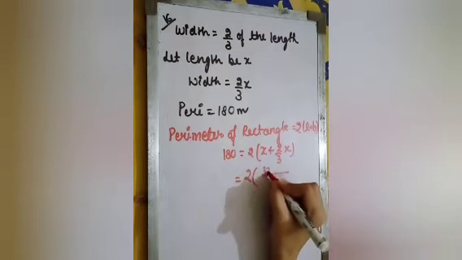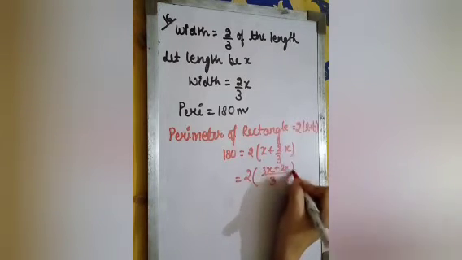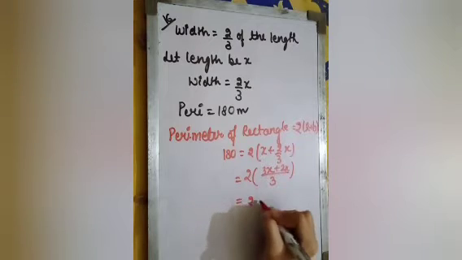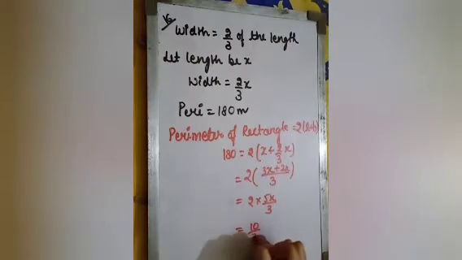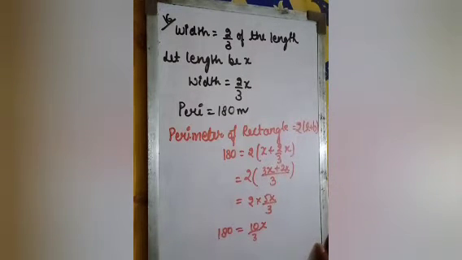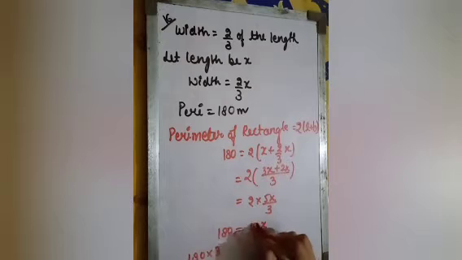Taking the LCM, it will be 3x plus 2x. 2 into 5x upon 3. It is 10x upon 3 equals to 180. Right? Now when we send 3 here, 180 into 3 and 10 comes here.